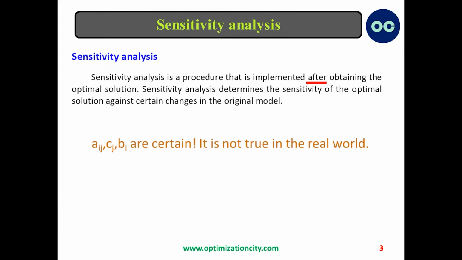After obtaining an optimal solution, sensitivity analysis comes into play. Its purpose is to determine how sensitive the optimal solution is to a specific change in the original model. As mentioned earlier, linear programming assumes that the model parameters such as aij, cj, and bi have certain and definite values.